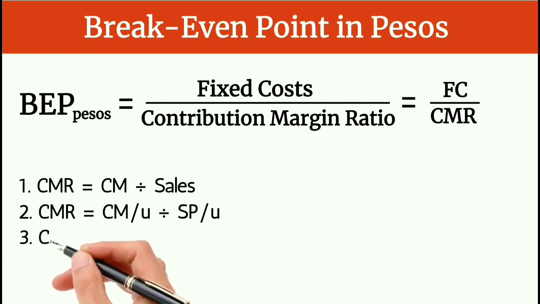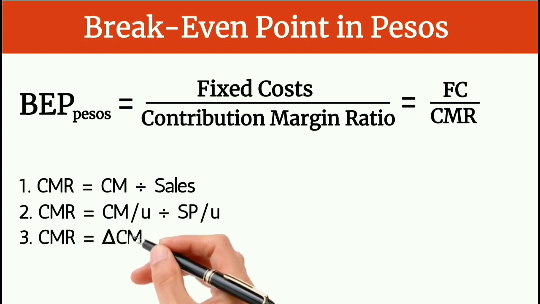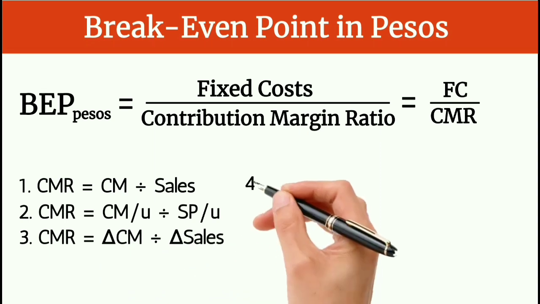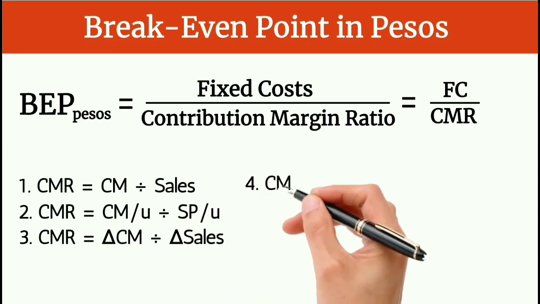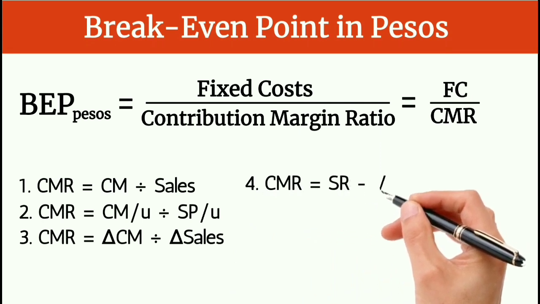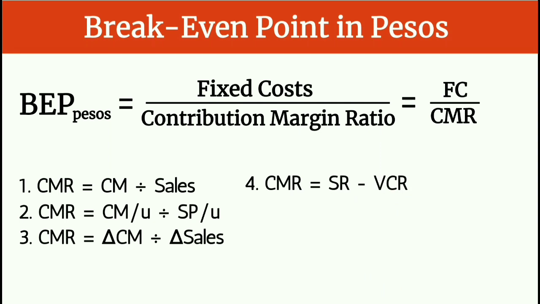Third, CMR is equal to change in CM divided by change in sales. Fourth, CMR is equal to SR minus VCR. SR stands for sales ratio and VCR stands for variable cost ratio.